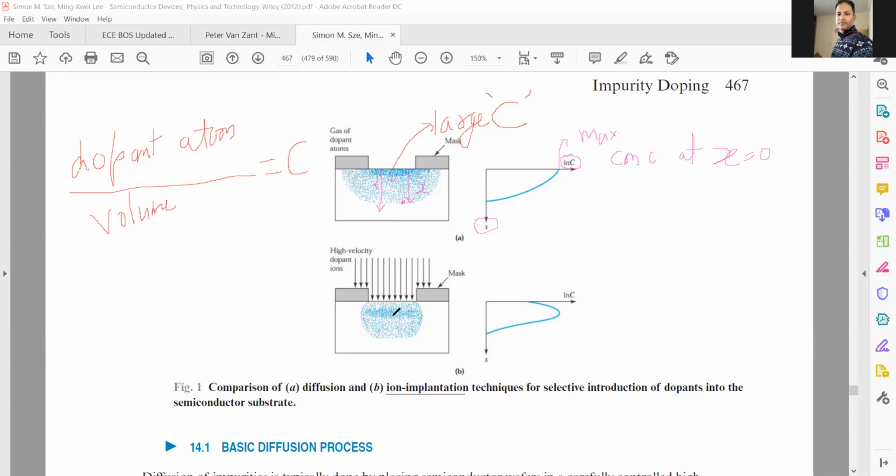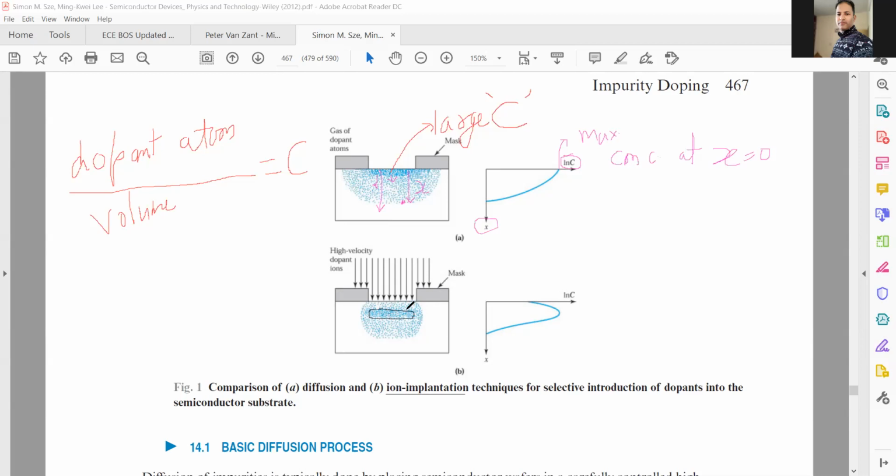For example, in this diagram, in this area your ion or dopant concentration is very large compared to other places around it.